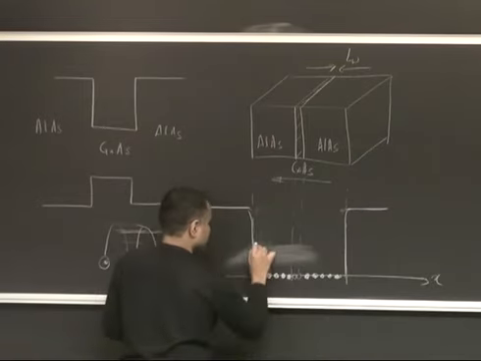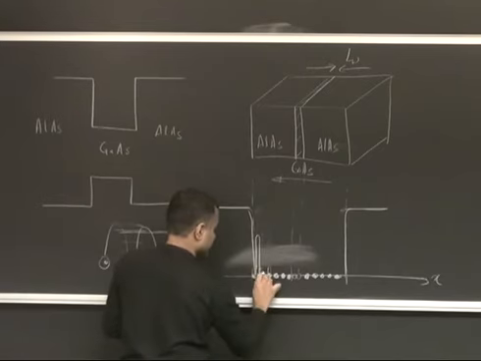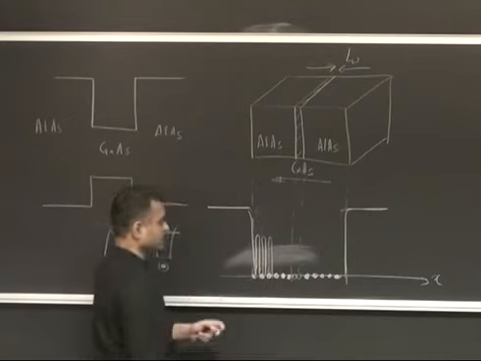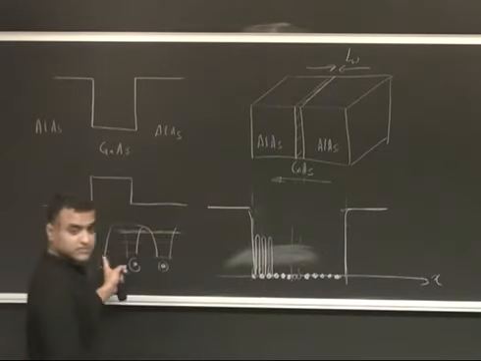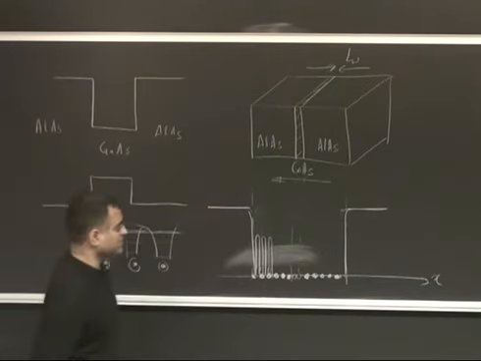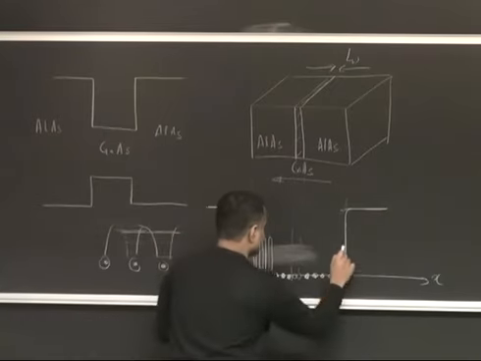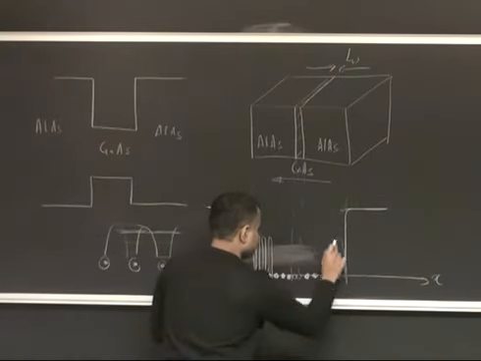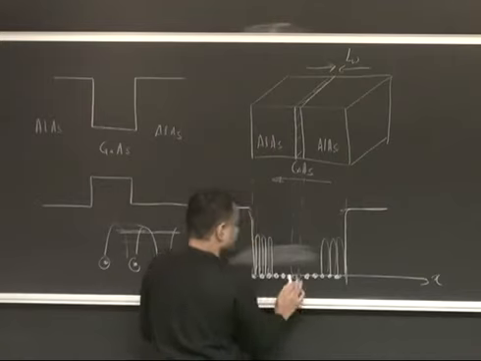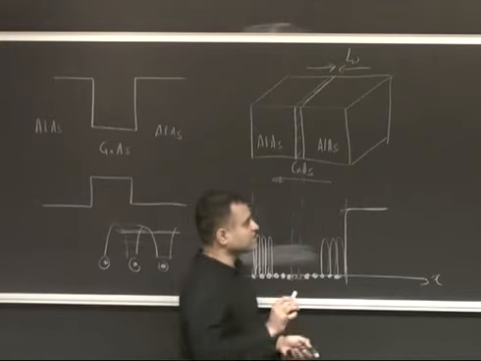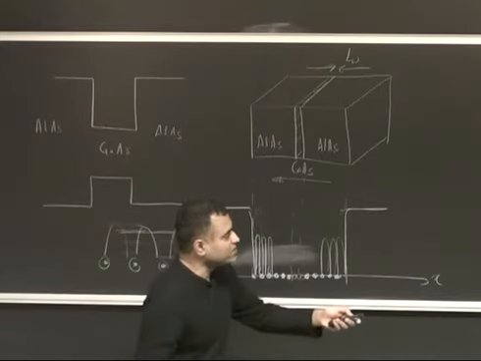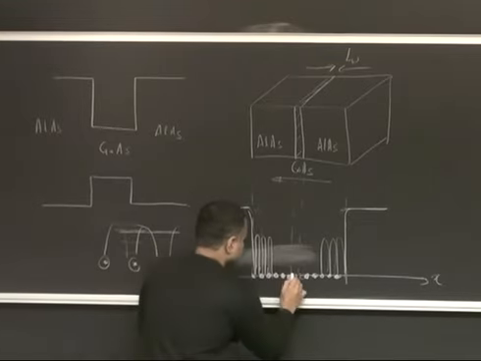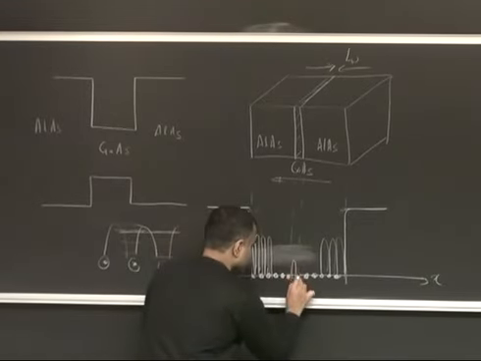So let's say we have something like this. It gets a little messy now. Something like that, and it repeats. Similarly here, it repeats. And then when you come to this layer, gallium arsenide, which has a smaller band gap, this goes even lower.